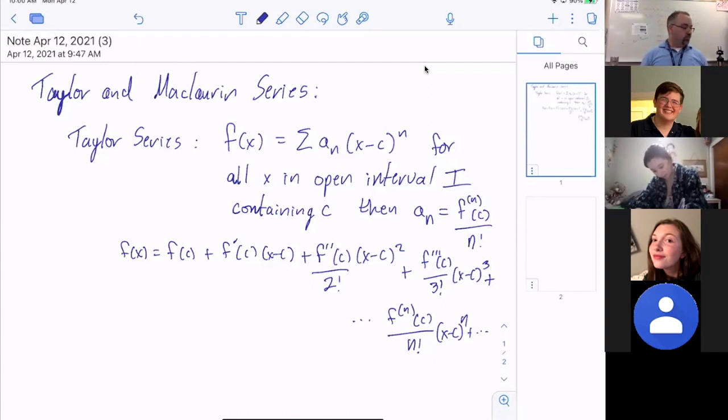And when we go all the way to infinity, then our series matches up with our original function perfectly.